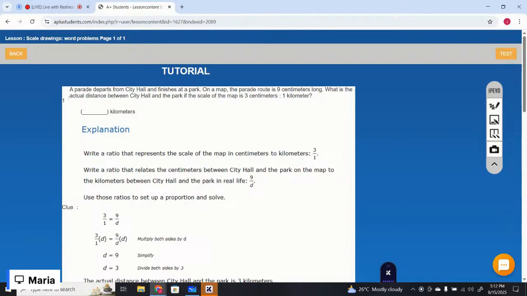On the map, the parade route is 9 centimeter long. What is the actual distance between City Hall and the park if the scale of the map is 3 centimeter to 1 kilometer?